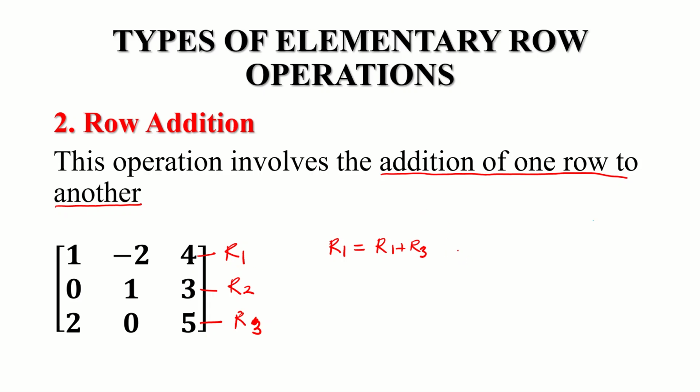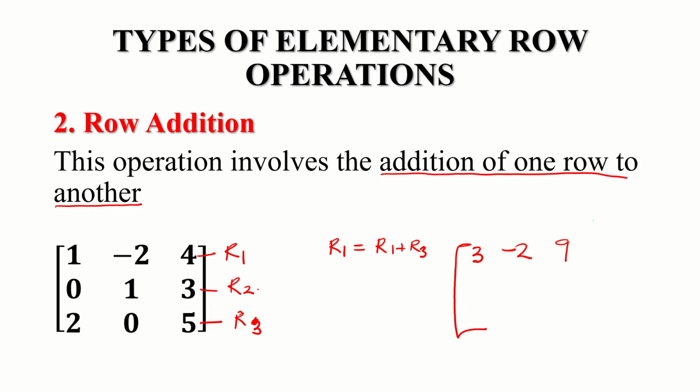Writing this, our new matrix becomes, since we are adding row 1 and row 3, 1 plus 2 gives us 3, and we write it where row 1 is. Negative 2 plus 0 gives us negative 2, and we write that too. Now 4 plus 5 gives us 9, and we write that value.